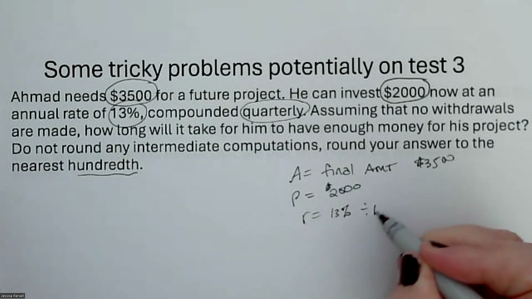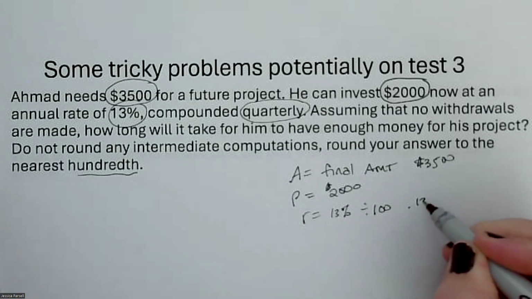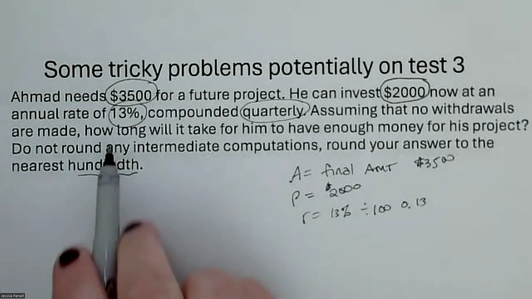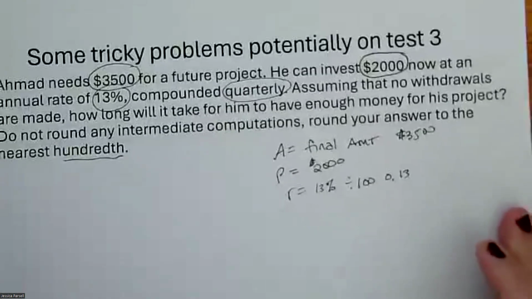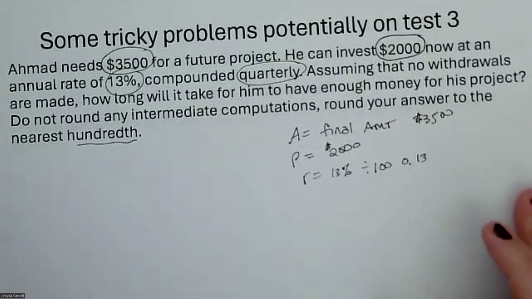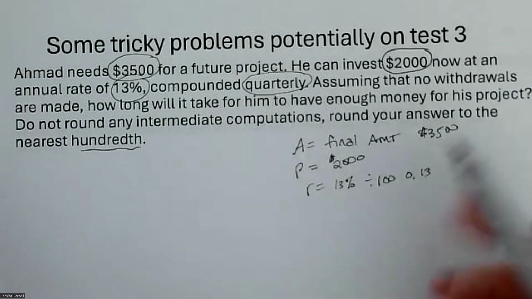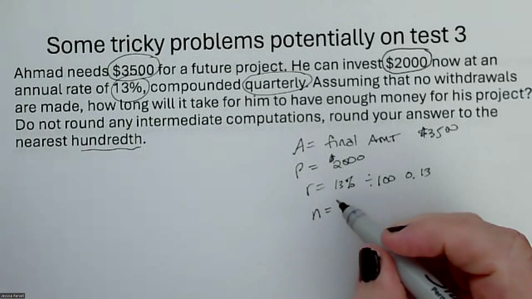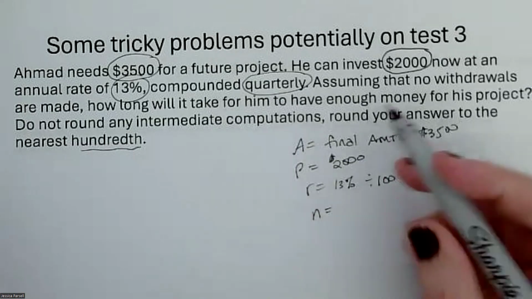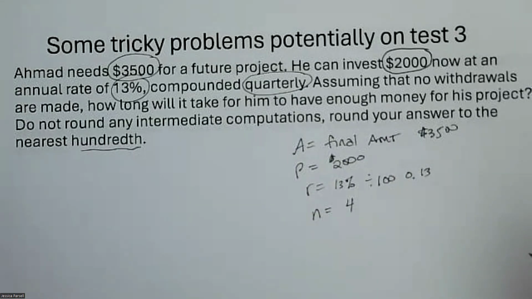We know we're going to divide by 100 and make that 0.13. 13%, by the way, is very rare to get. These days, they're paying about 2 and 3%. Compounded quarterly. Okay, that's the number of times things are compounded. That's quarterly, so there are 4 quarters in a year, so n is going to be equal to 4.